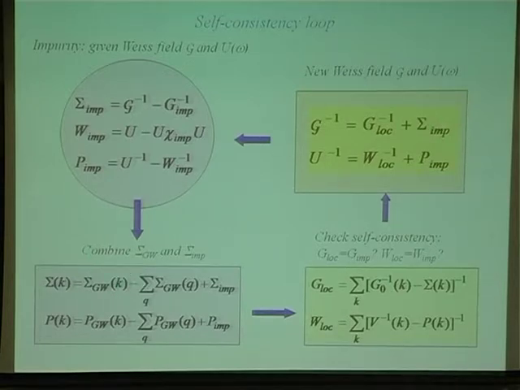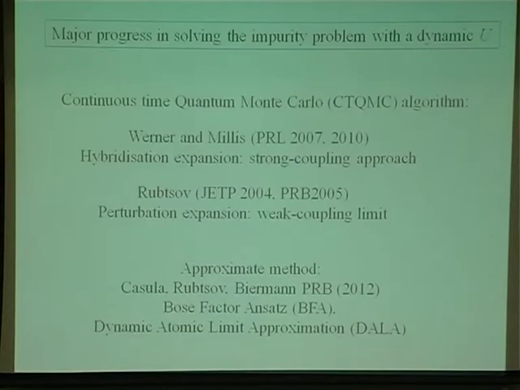So obviously this scheme is very complicated, and it is not even clear if it is a good idea. What we have done so far is to start from a one-shot GW calculation and then just add the impurity self-energy on top of this.